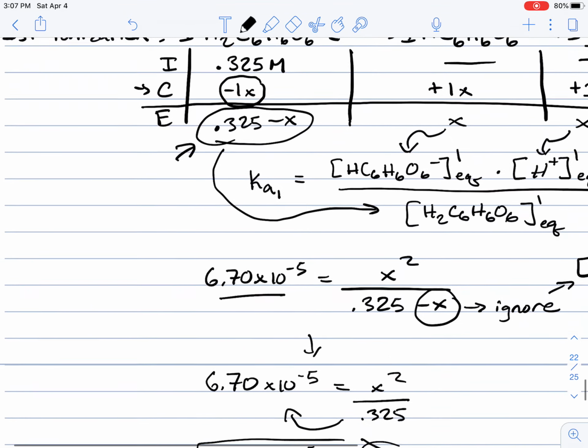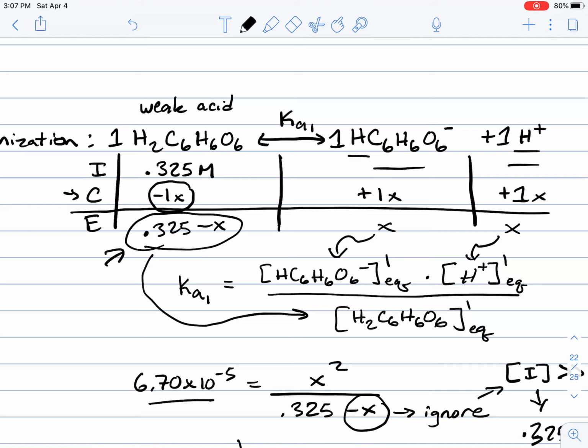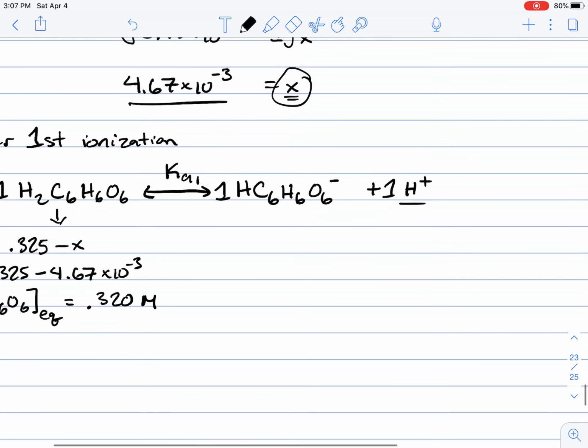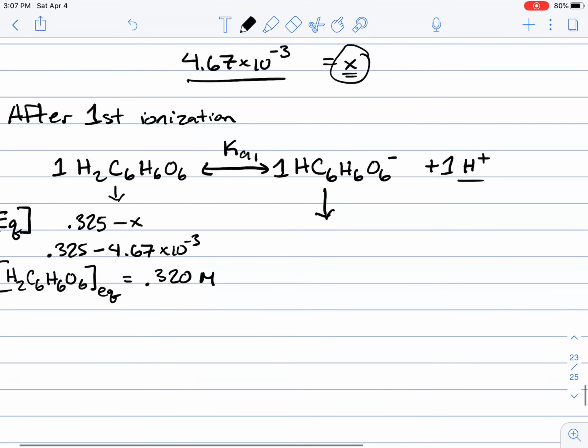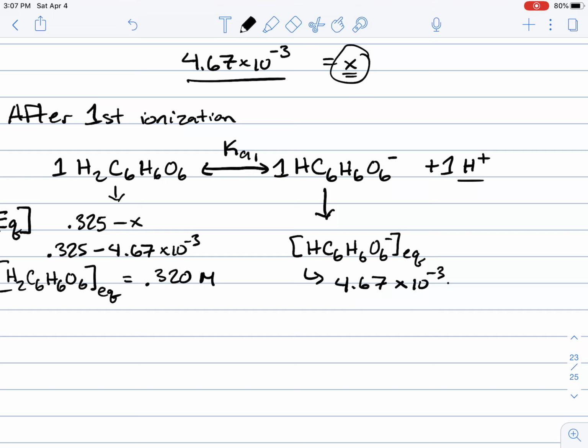And so, according to my ICE table, the conjugate base of ascorbic acid is defined as simply x. Therefore, the equilibrium concentration of the conjugate base after the first ionization is going to be 4.67 times 10 to the negative 3 molar.